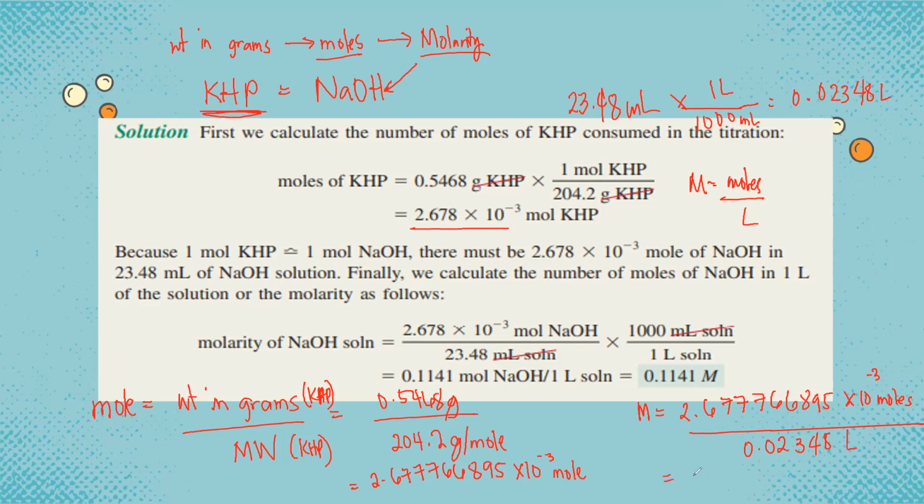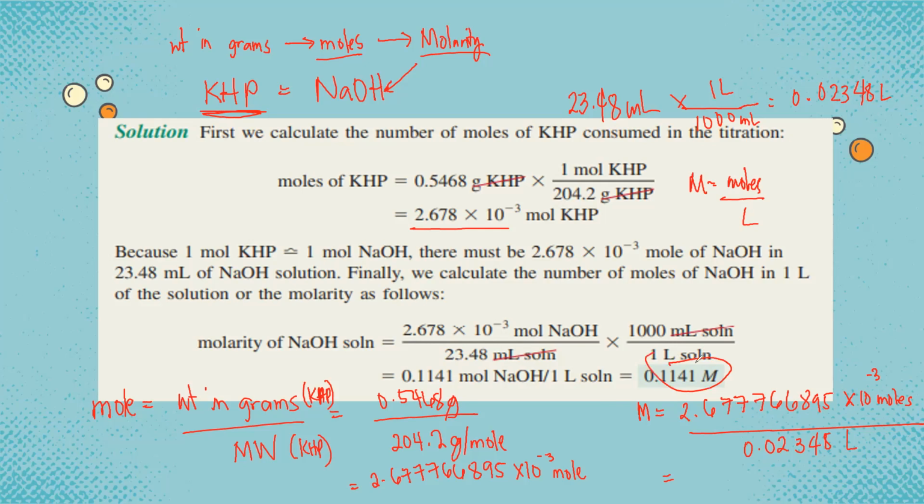Okay? So 2.677766895 times 10 raised to the power of negative 3 divided by 0.02348. Kung 4 decimal places, you just follow my instruction. If ever mag-quiz tayo or mag-exam tayo, you just follow kung ano ang nakalagay sa instruction ko, kung 2 decimal places ba or 4 decimal places.